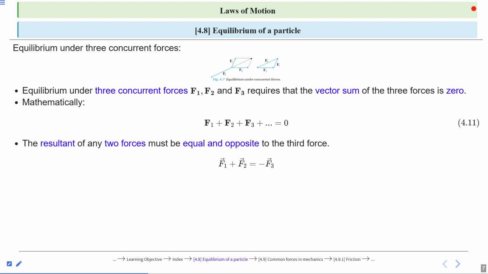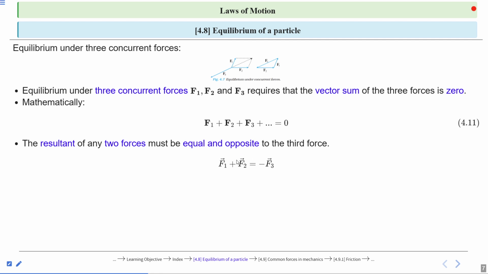So the resultant of any two forces, F1 and F2, is equal to minus F3, or we can say the two forces must be equal and opposite to the third force. Here the third force is F3 and the sum of the two forces is F1 and F2.